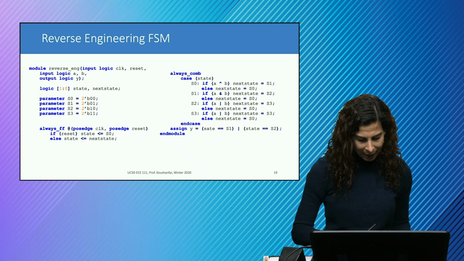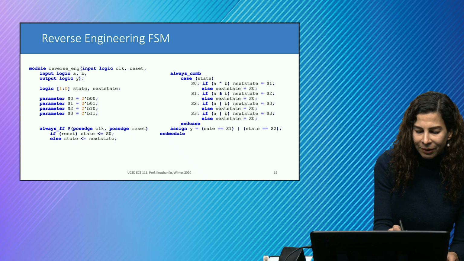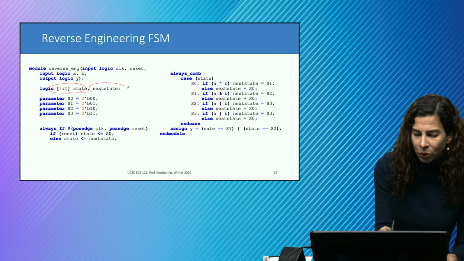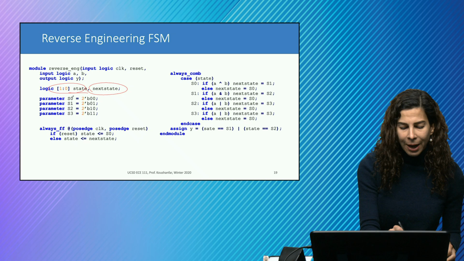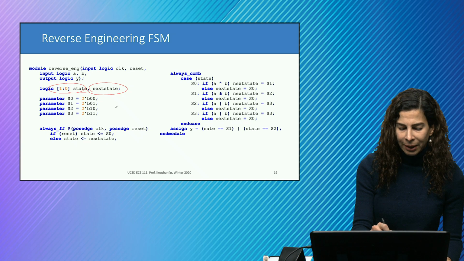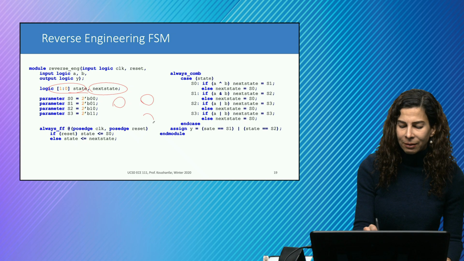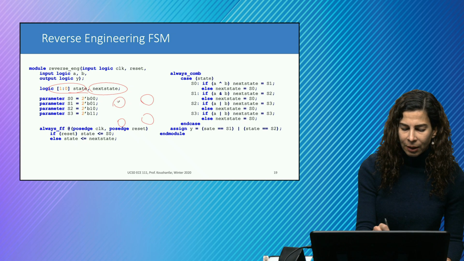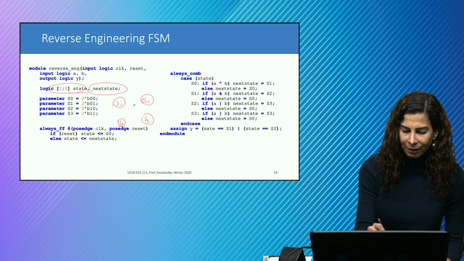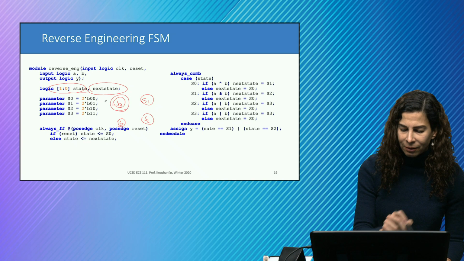So here, again, we have state and next state variables that are 2 bits, and we have 4 states. If we were to make the finite state machine, then we have these 4 states: S0, S1, S2, and S3. And the reset state here is the state S0.